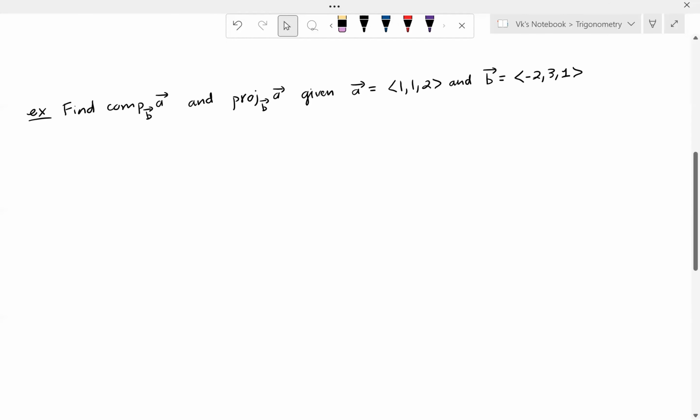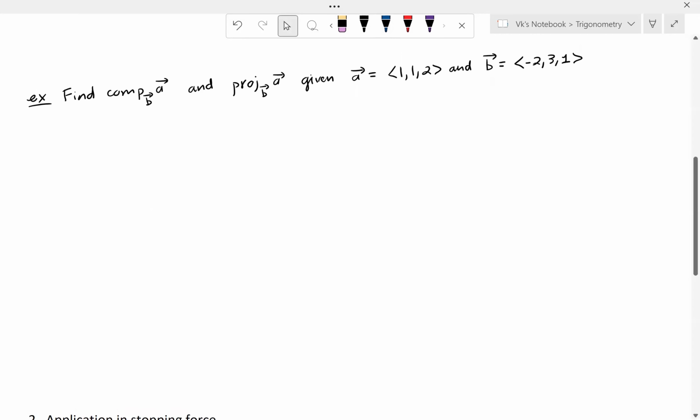Example, find the component of A onto B and the projection of A onto B given vector A is 1, 1, 2 and vector B is -2, 3, 1. Okay, let's do it.